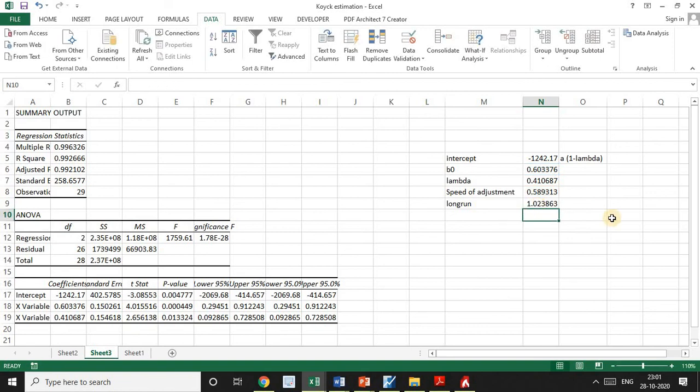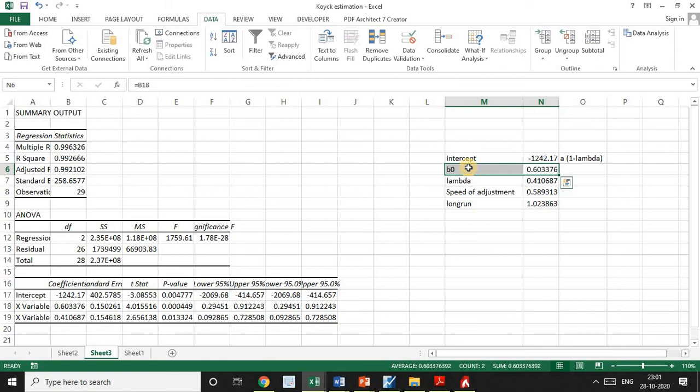This is what is called the long run parameter. The long run parameter will always be higher than that of the short run parameter.